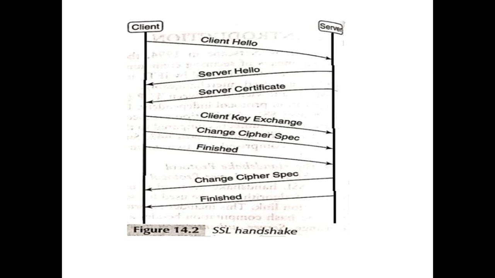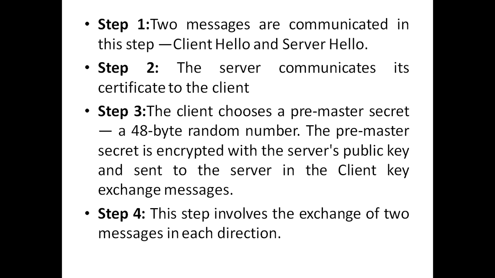Then server sends change cipher specification and finished. So what all these messages include, we'll see in detail in every step. The first step is 2 messages are communicated in this step, that is client hello and the server hello.